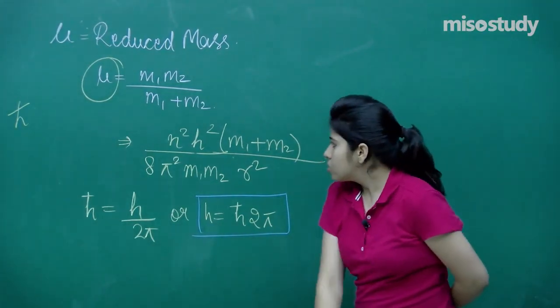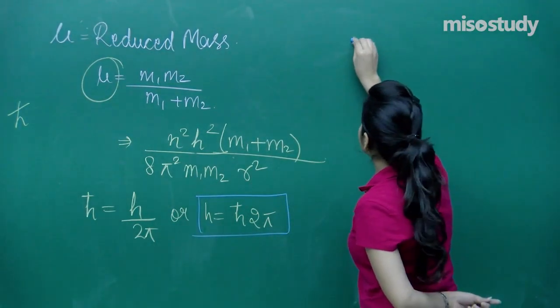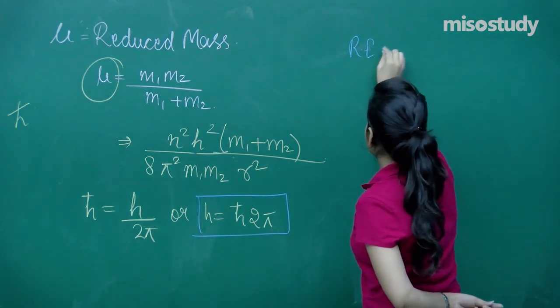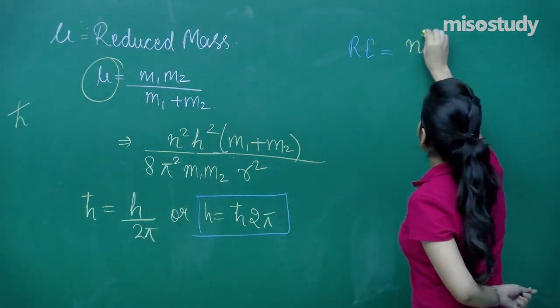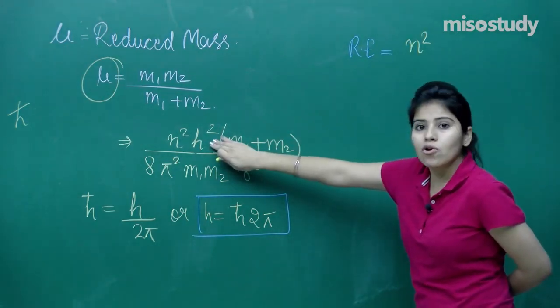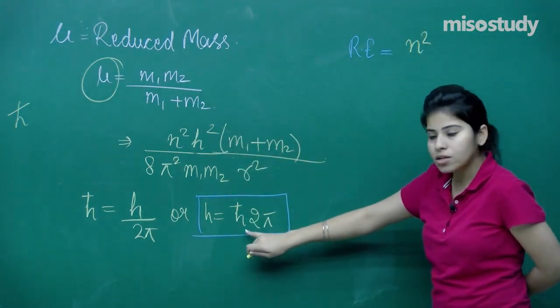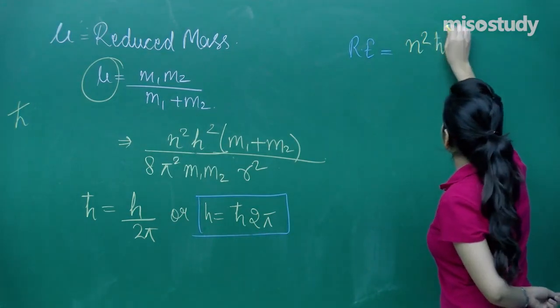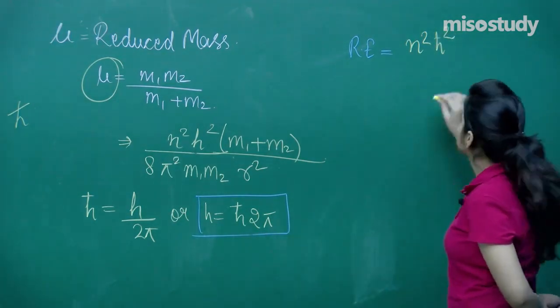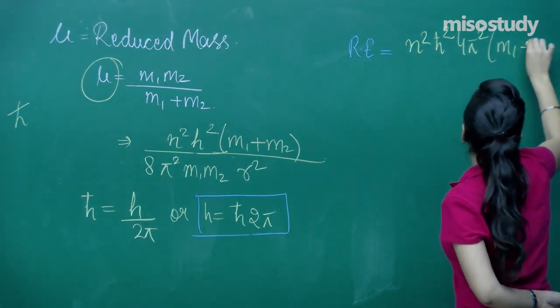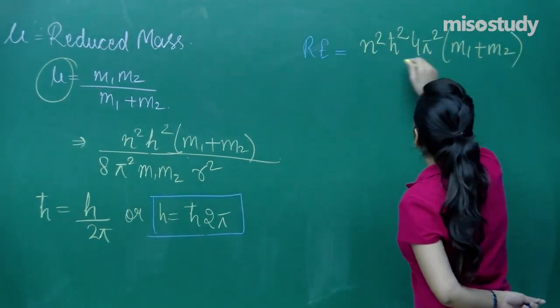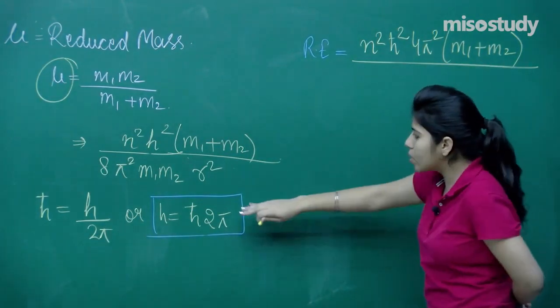So we now have the rotational energy, let me write it as RE, that is n square into h square. Now in place of h square you are going to put h cross square into 4 pi square, and m1 plus m2. Till then you can do the calculation along with me.